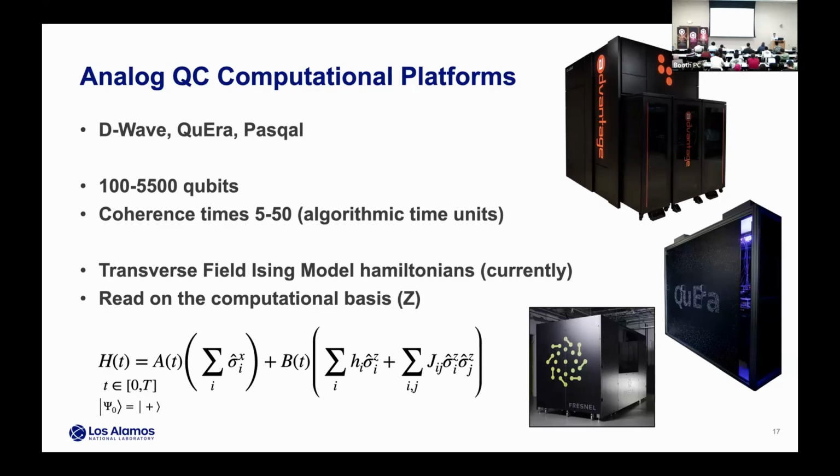One more and then I'll keep going. The question is, what Hamiltonians can you do this analog quantum computing for? That's a great question. An experimental physicist would be able to tell you much better than me. I think it's no coincidence that all three of these vendors implement something like the transverse Ising Hamiltonian, because it's kind of the simplest thing, right?